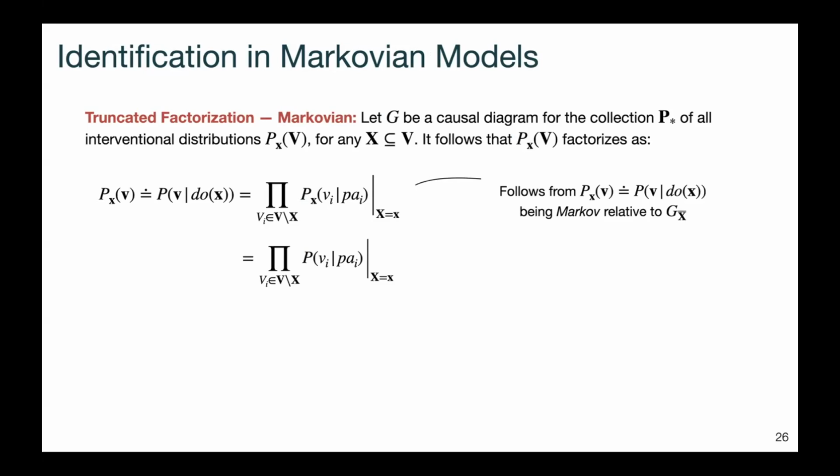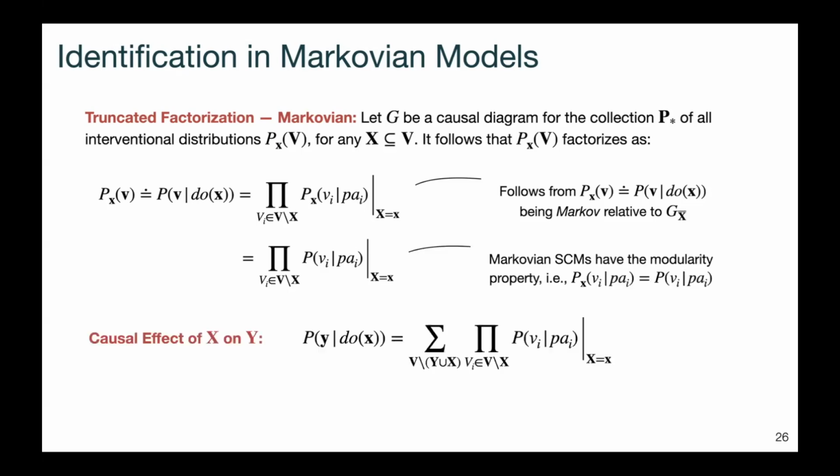Instead of writing do X, many times you see the subscript as the same notation for denoting the intervention on X. But because of something that we call modularity, you remove the X from here, so you can just use the observational distribution. So the effect of X on Y can always be written through this formula. You don't have the do X here anymore, and everything is just the observed distribution, so you can compute the effect through this formula.